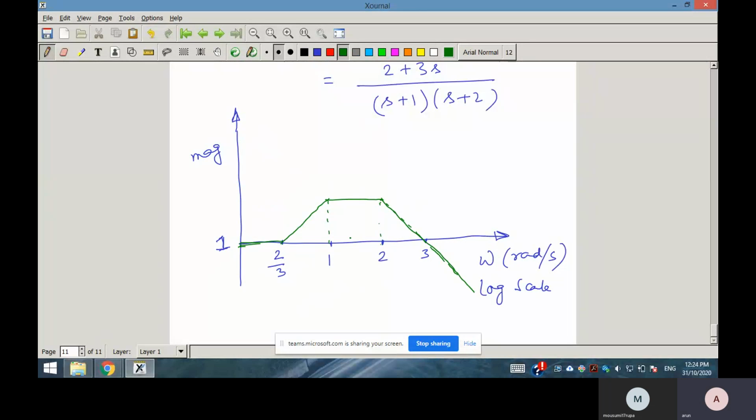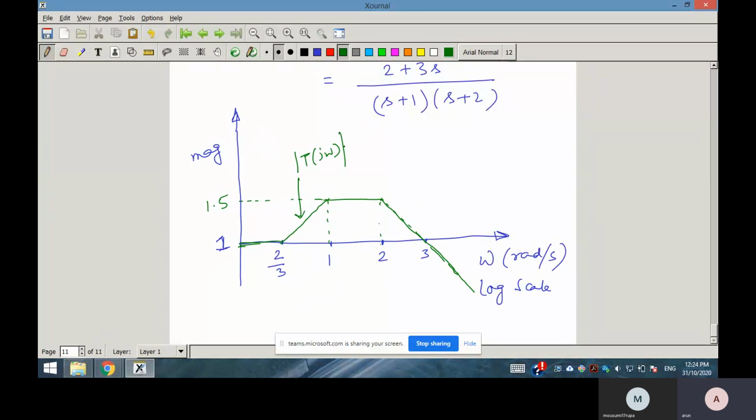What is this magnitude? This magnitude is 1 by 2 divided by 2 by 3, that means 1.5, 3 by 2. So this is 1.5, because the x-axis is in log scale. Okay, so this is your |T(jω)| plot.